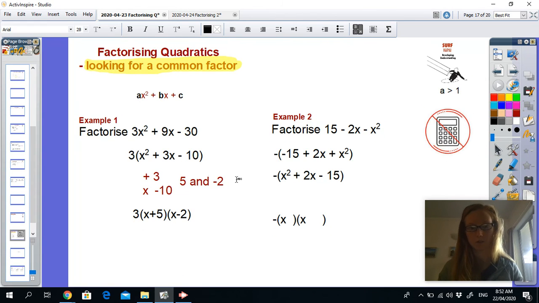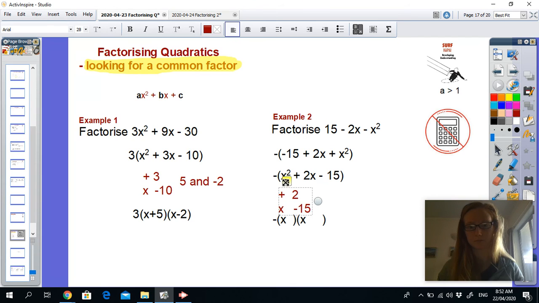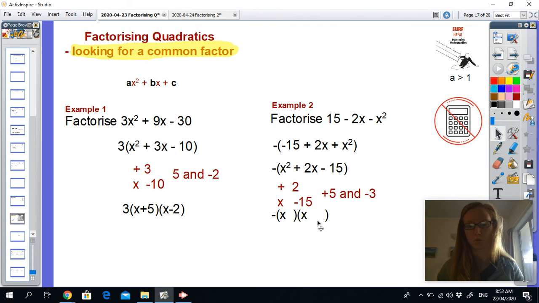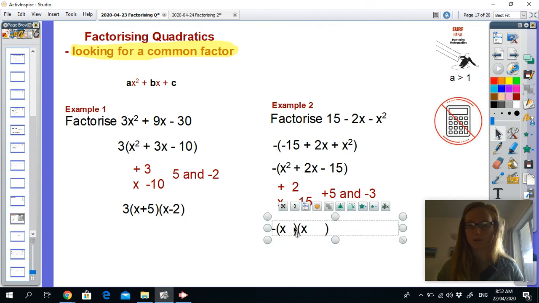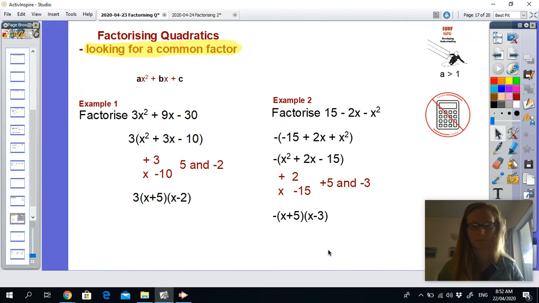So here, 2 numbers, add to make 2 and multiply to make negative 15. They are going to be positive 5 and negative 3. And so then that will go into our brackets here. X plus 5, X minus 3.